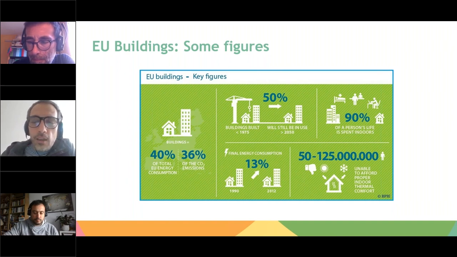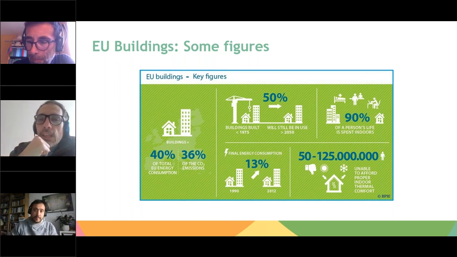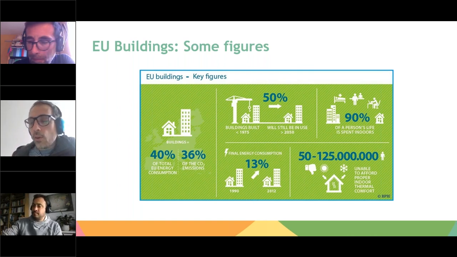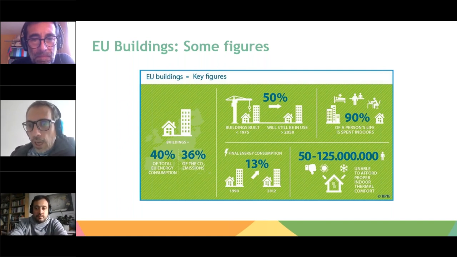To take the building down, you are wasting all this material. So what is important is to extend the life of the actual building and change it to adapt to the new thermal regulation or to the new situations of climate change.